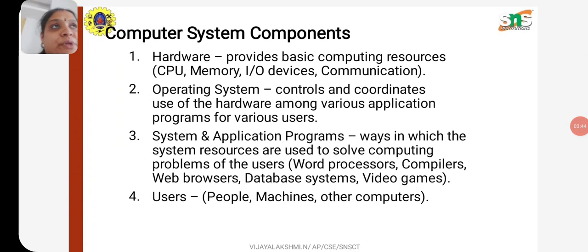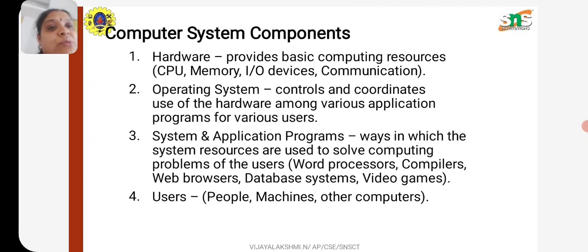Computer system components: you know what a computer system will have? It has the hardware, it has the OS, it has system and application programs, and it has users. Hardware basically may be the CPU, memory, and input output devices, which provide basic computing resources.